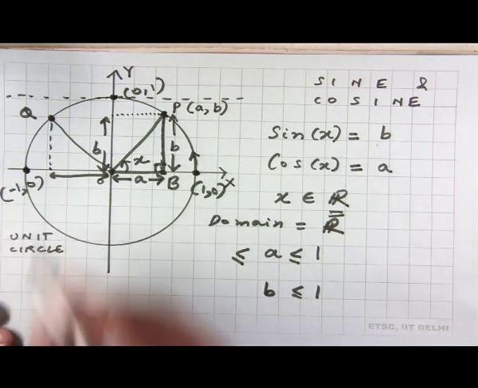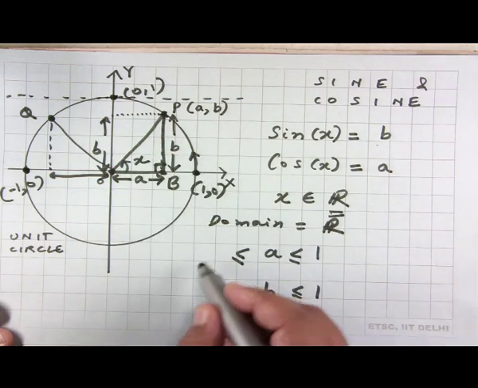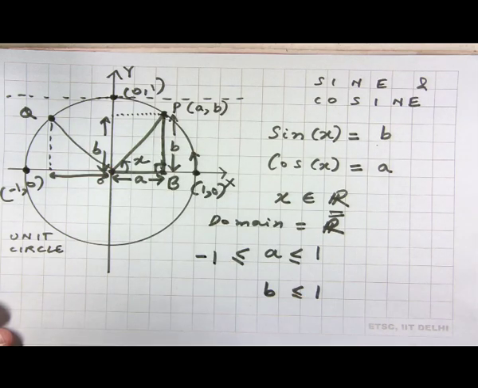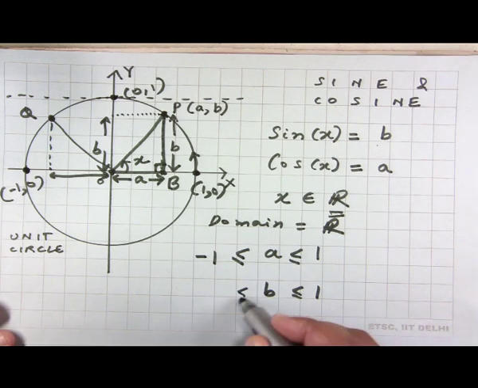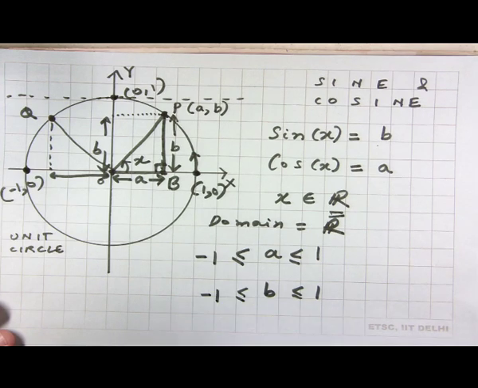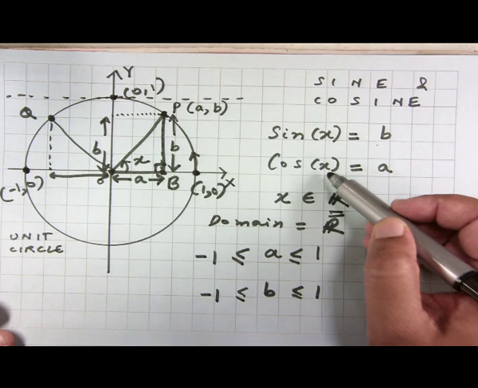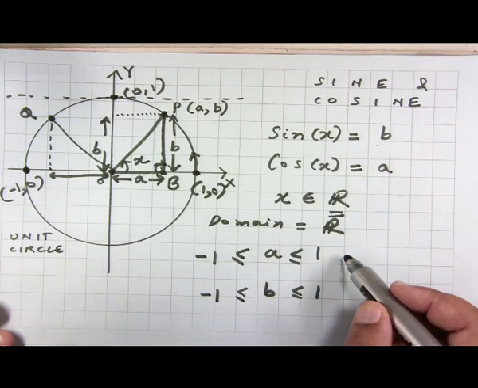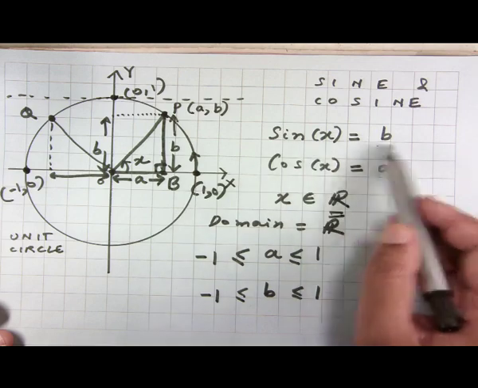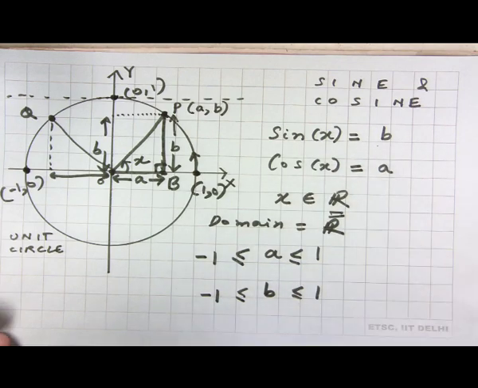So the x coordinate of any point has to be greater than or equal to minus 1. Similarly, the y coordinate also has to be greater than or equal to minus 1. So the range of both the sine and cosine functions, because sin x is b and cos x is a, is between minus 1 and plus 1.